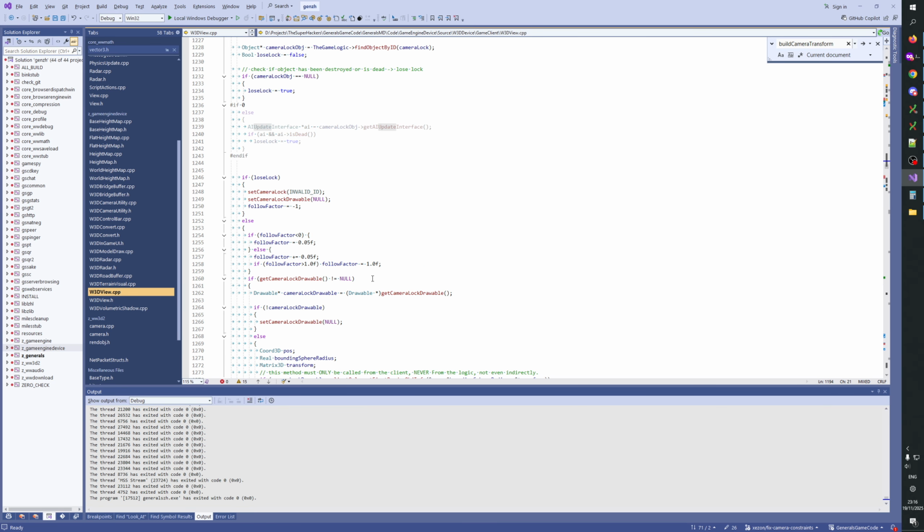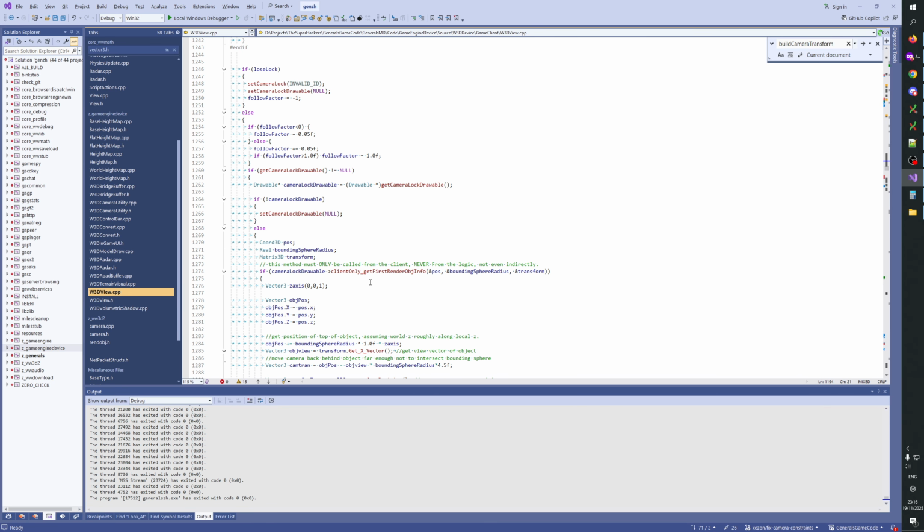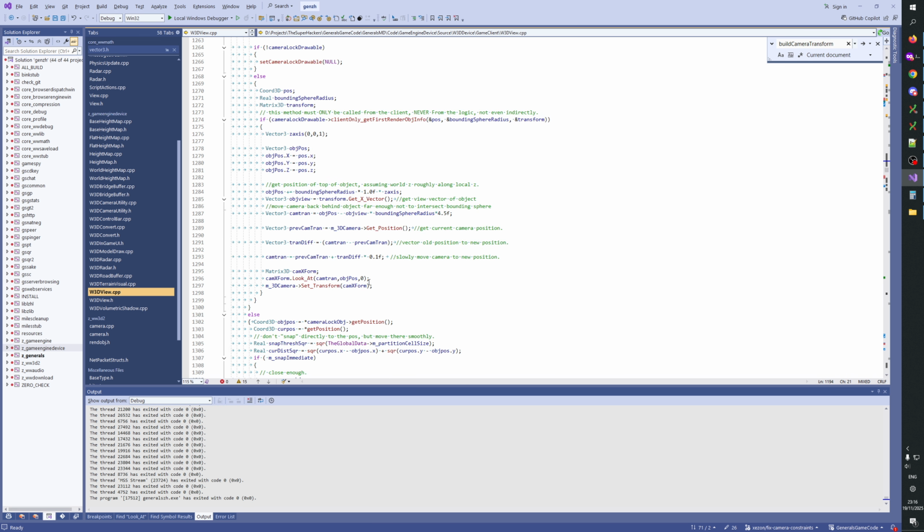Update, and there was view vector, object view.